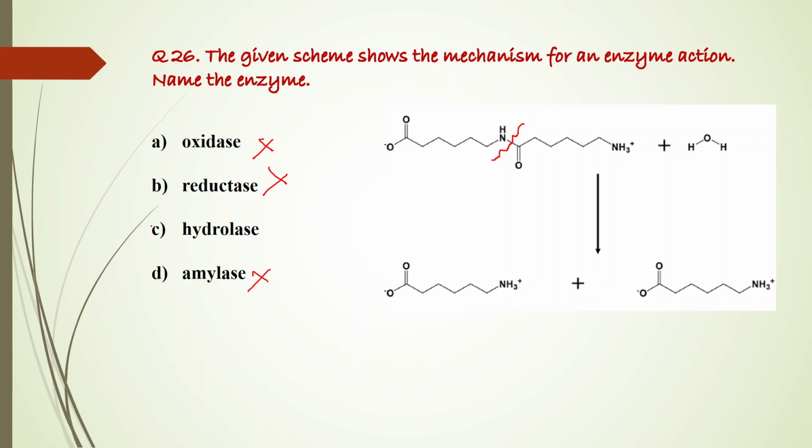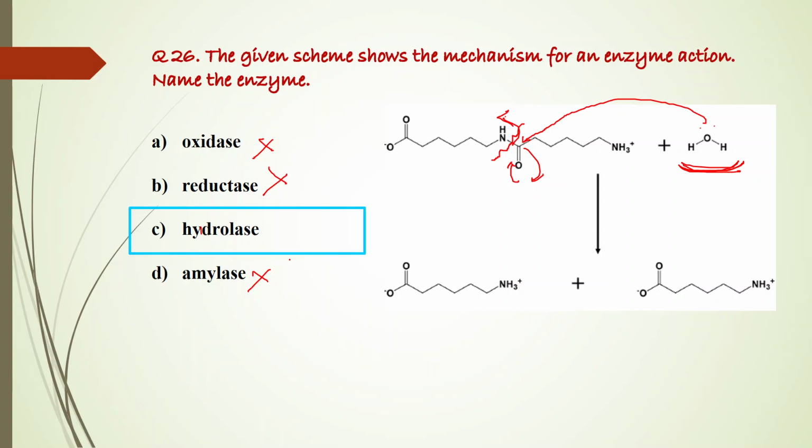The only option remaining is hydrolase, which is obvious because you can see the involvement of an H2O molecule. The H2O molecule is attacking here, resulting in the cleavage of this amide bond. So the enzyme involved in this reaction is your hydrolase.